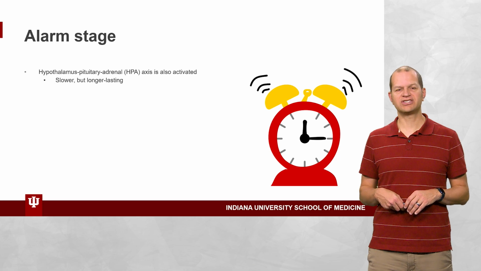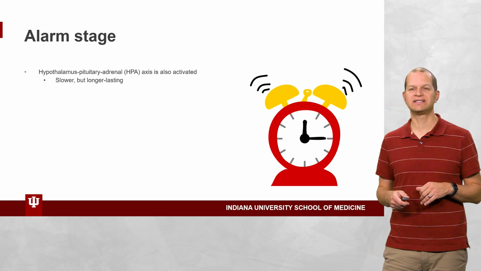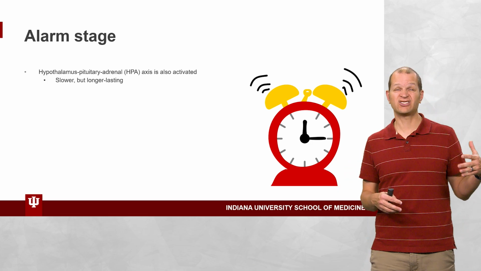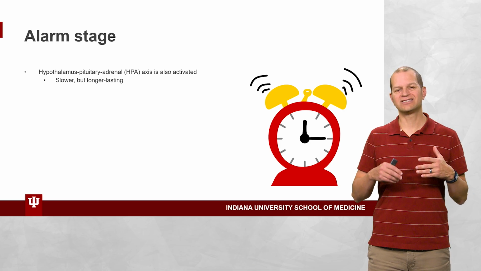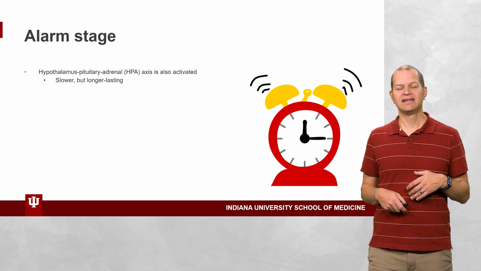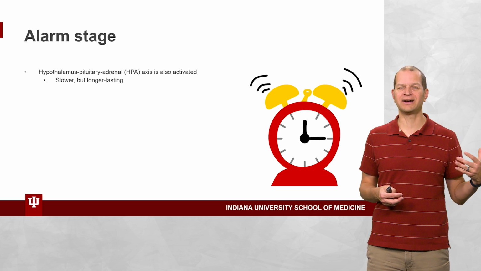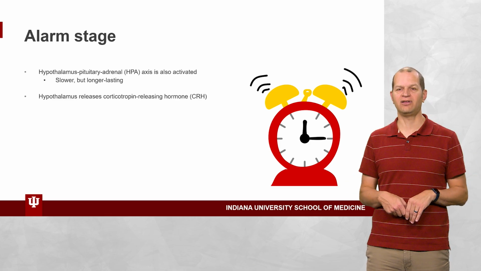What's also interesting is that we activate something called the hypothalamus pituitary adrenal axis. So this is a hormonal pathway, and we've already talked about this pathway. This is a pathway that is slow to respond, but it lasts a lot longer. This shouldn't be too surprising as we're dealing with hormones, and hormones, when compared to neurons or neurotransmitters, are slow to act, but they last longer.